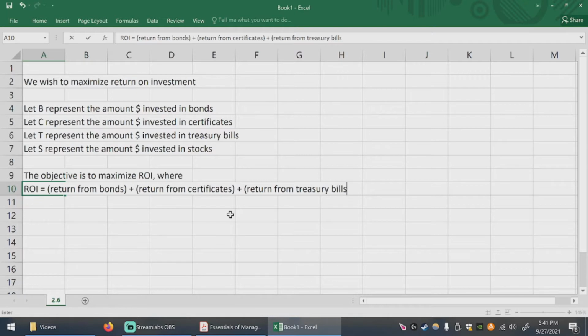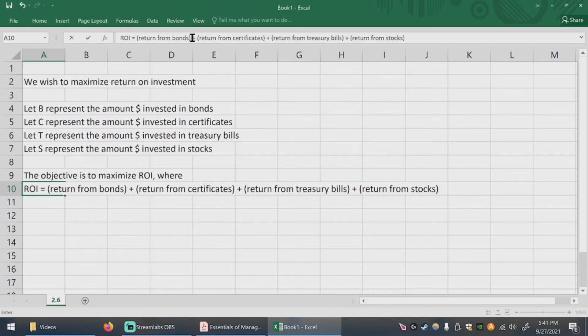I'll write the whole thing, why not? And lastly, the return from the stocks. Each of those things that I'm investing in gives me a part of my total return.